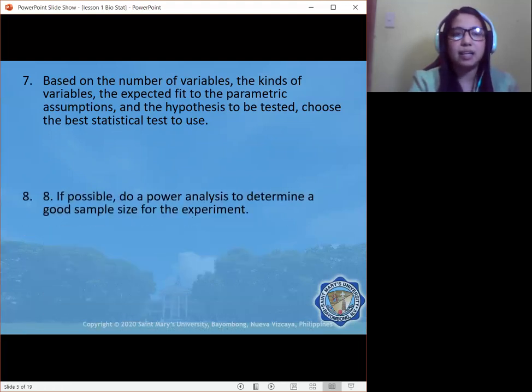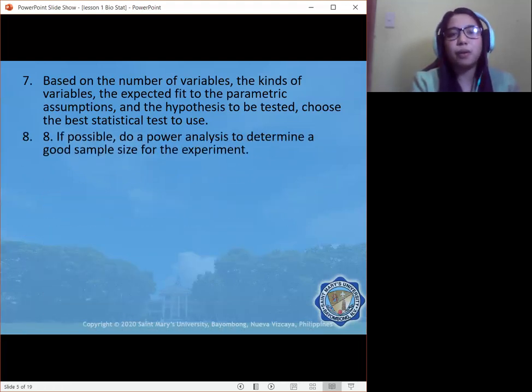Number 8, if possible, do a power analysis to determine a good sample size for the experiment. There are also existing methods in determining a sample size. You can also make use of the normality test later for you to determine if the condition of the test is satisfied.